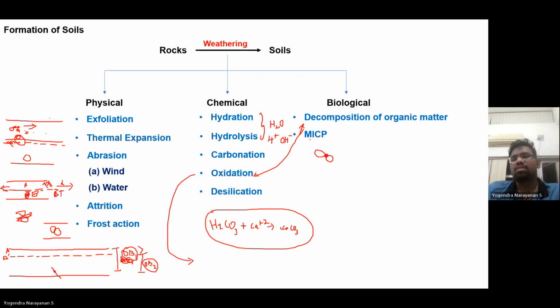So MICP results in the formation of carbonates, which hold the soil grains together. Calcite is essentially calcium carbonate. Hence, this is also a part of weathering.